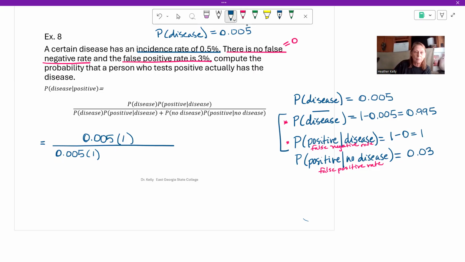It's the exact same thing here. Plus, and now we've got 0.995 times 0.03. And when we crank this out and we get our answer, we get 0.1434.